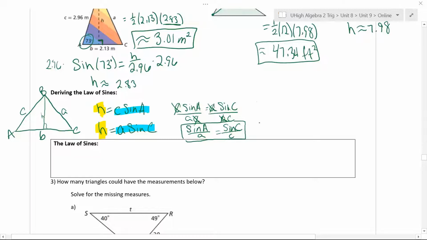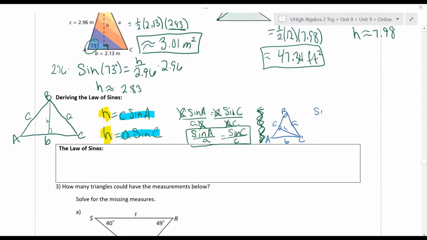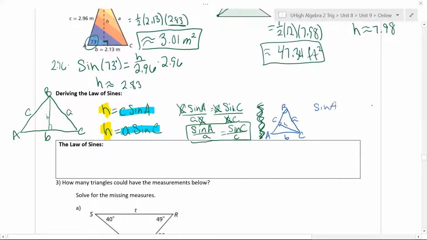So now I want to see how angle B and side b fit into this same idea. So let's redraw our triangle ABC. But instead of having a height go from B down, I want a height that goes from C over. So now if I look at the same idea as above, I want to look at the sine of A and the sine of B to find that height.